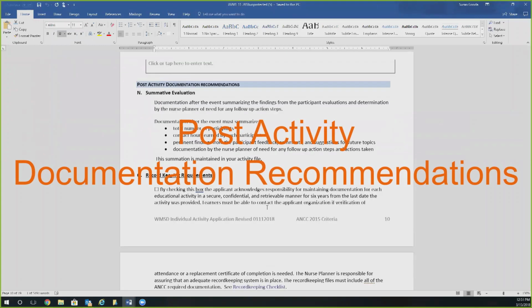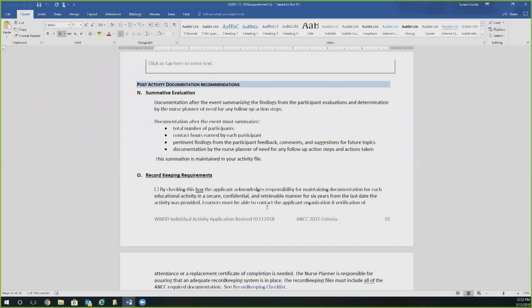The last 2 items here are record keeping for you. So when you do your event, you need to obviously evaluate your event through these surveys and analyze the outcome. But the responsibility of the WMSD ends at the point where we issue your approval statement. But your responsibility as a nurse planner does not end.